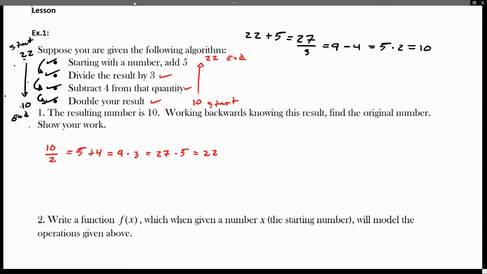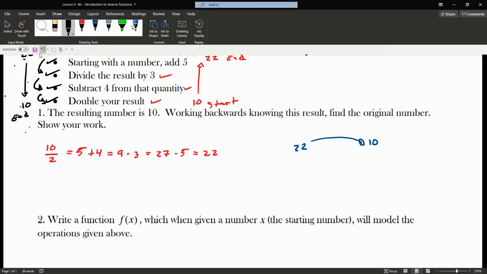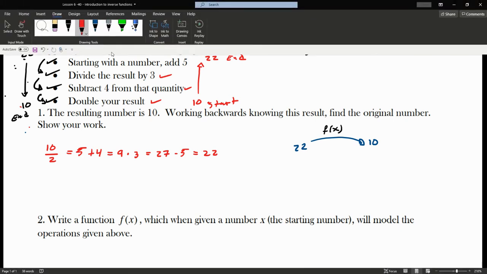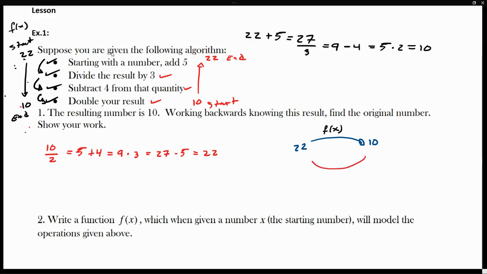To illustrate what I'm trying to say, we started with a function that takes 22 and gives you 10. Let's call this function f of x. This f of x function plugged in 22 and gave you 10. Now the inverse function did quite the opposite.